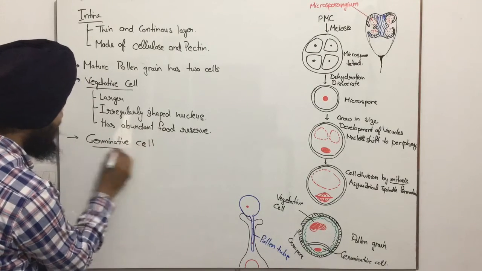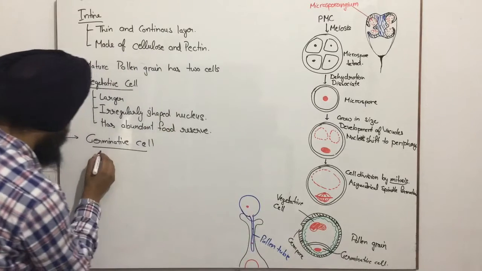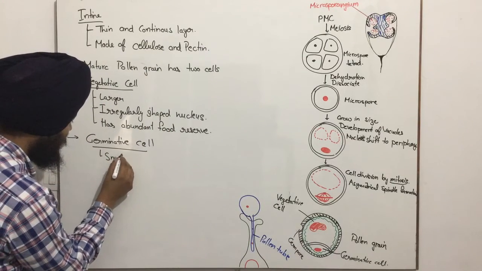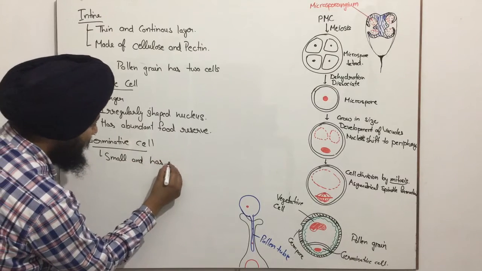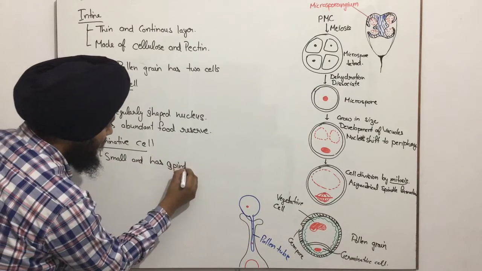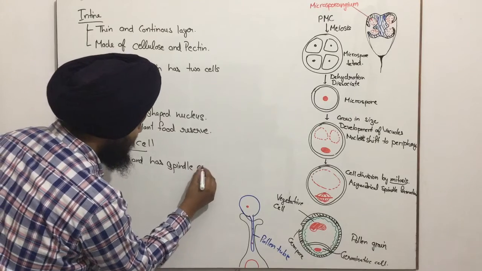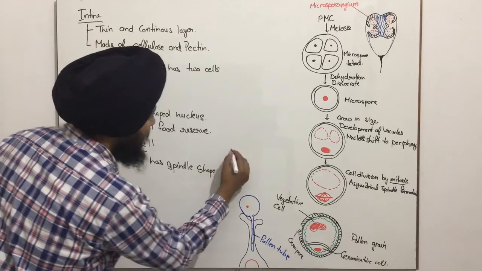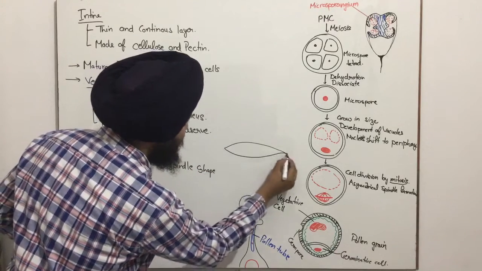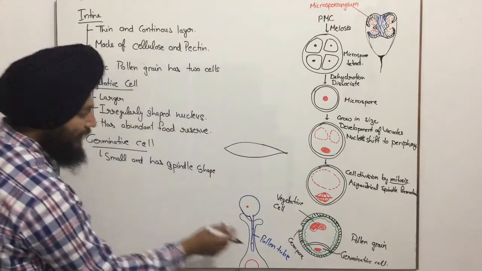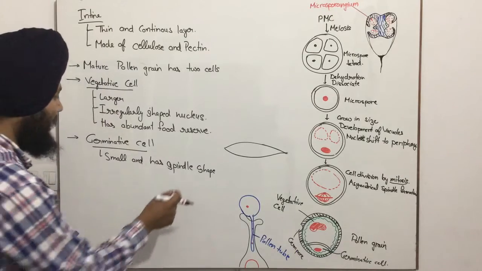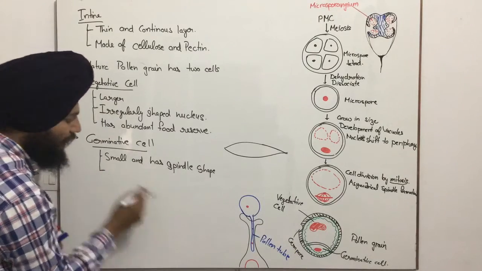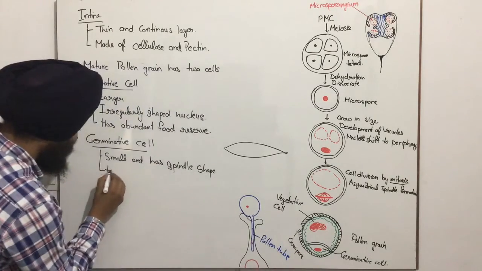Okay, as we can see here, the germinative cell is small and has a spindle shape. Okay, the germinative cell has a spindle shape. Spindle shape is like this. Okay, so it has a spindle shape, and of course it has a nucleus.